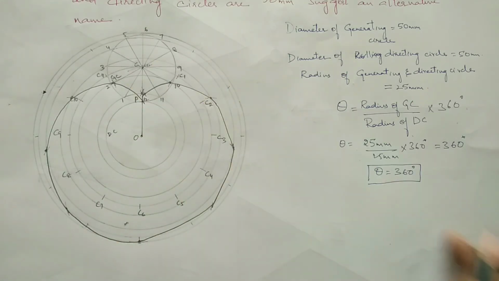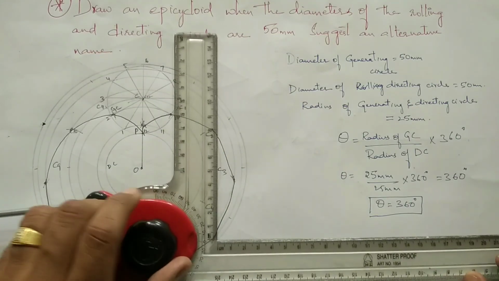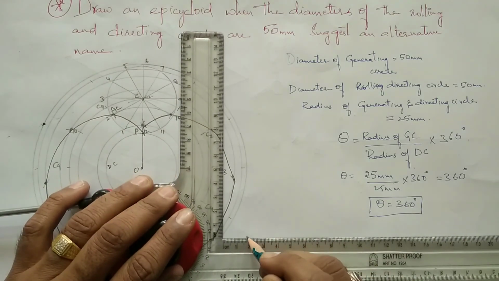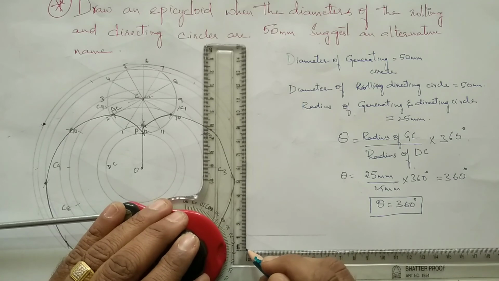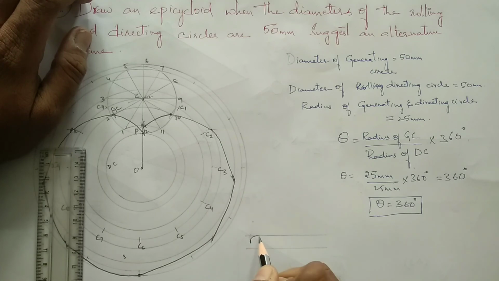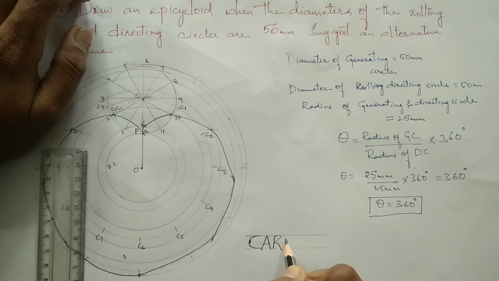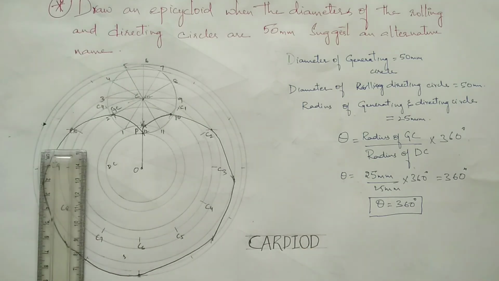As asked in the question, suggest an alternative name for this. Writing it with two parallel lines in freehand, we mention it as cardioid. Thank you.